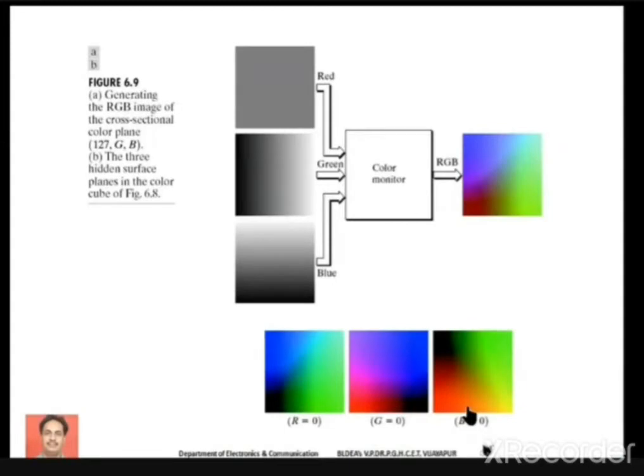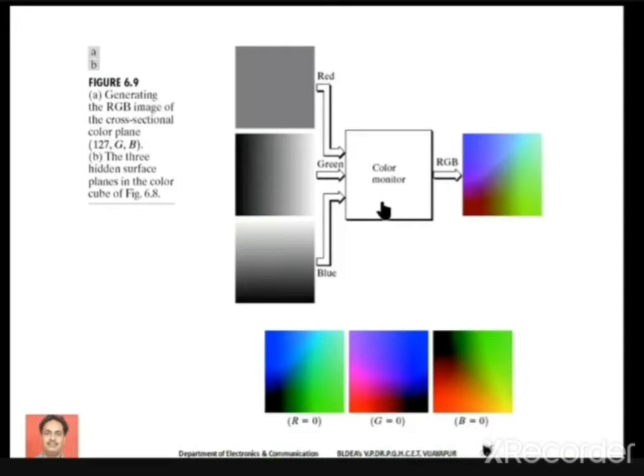These filters are nothing but sensors, we can say. We use three sensors, red, green, and blue, which will act as the three color filters. And the combined result of these filters is given as input to the color monitor.